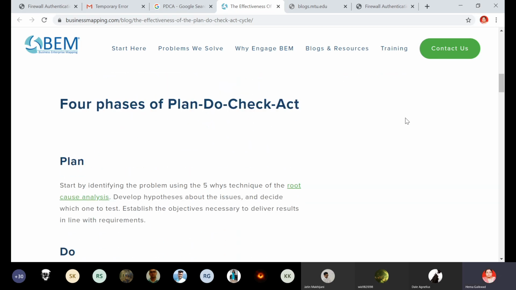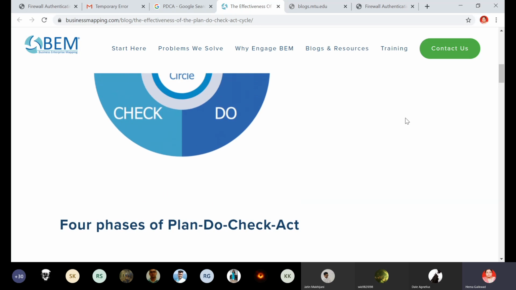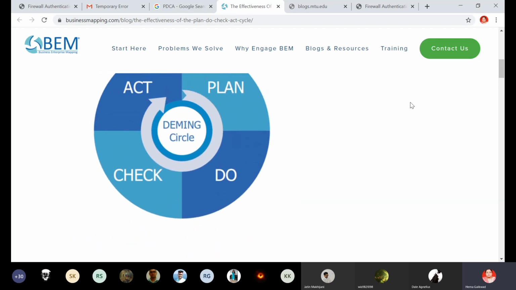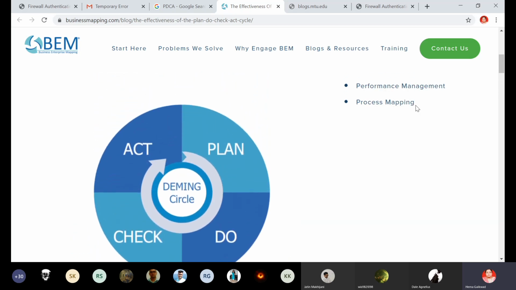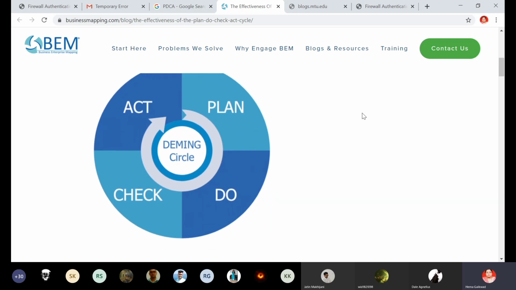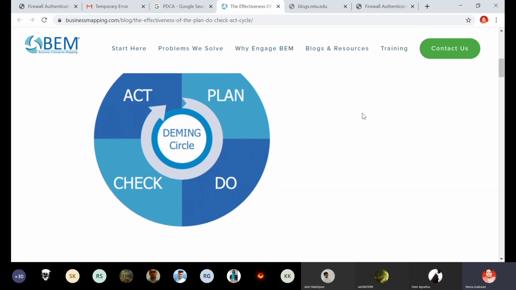Is it clear? And see, there is one important advantage. There are various advantages of the PDCA cycle, but one advantage I want to share with you is that PDCA is used for continuous improvement, and here the focus is on continuous improvement. Why? Because it is very simple. PDCA is very simple, so this is the plus point.